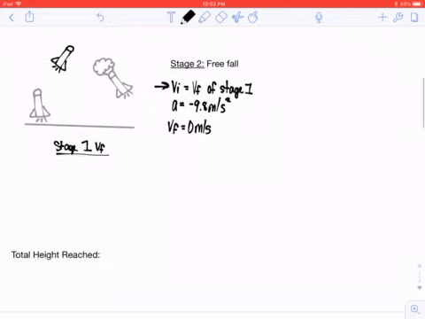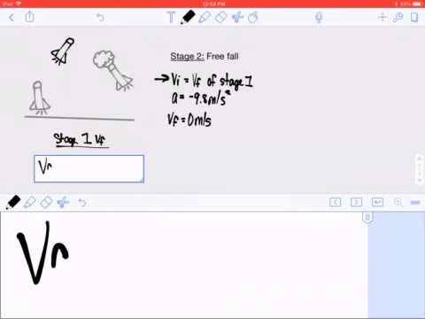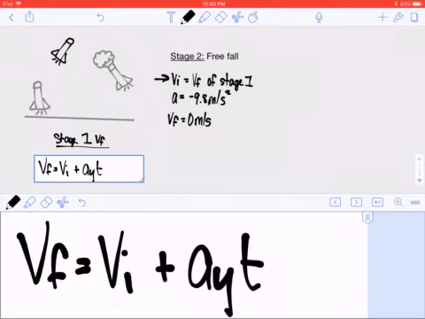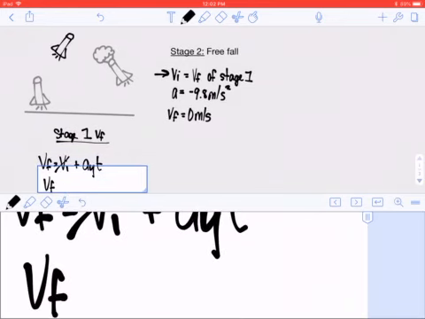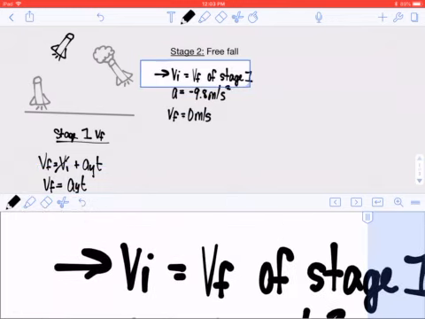This number can be figured out by velocity final equals velocity initial plus a_y t. My initial velocity in stage 1 is 0, so the final velocity of stage 1 is just my acceleration times the time. Again, those are going to be very easily found. So whatever that number is becomes the initial velocity of stage 2.